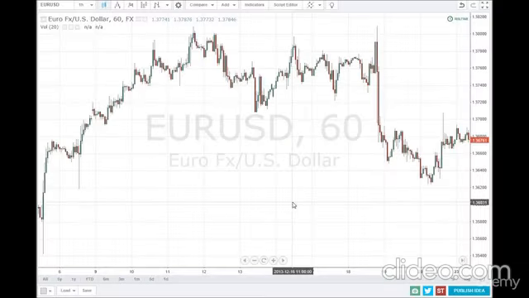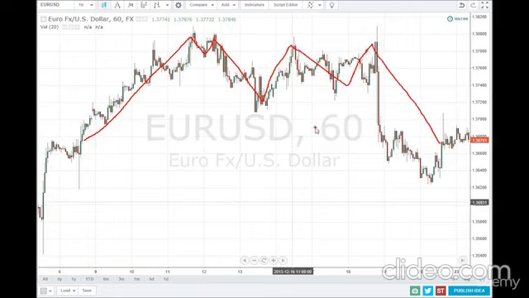This is the Euro USD, it's an hourly chart, and on this chart we have a good example of resistance in financial markets. You'll notice that price comes up to this area, comes back, goes to the area again, comes back, goes to the area again, and finally goes to the resistance area a fourth time before completely being rejected.